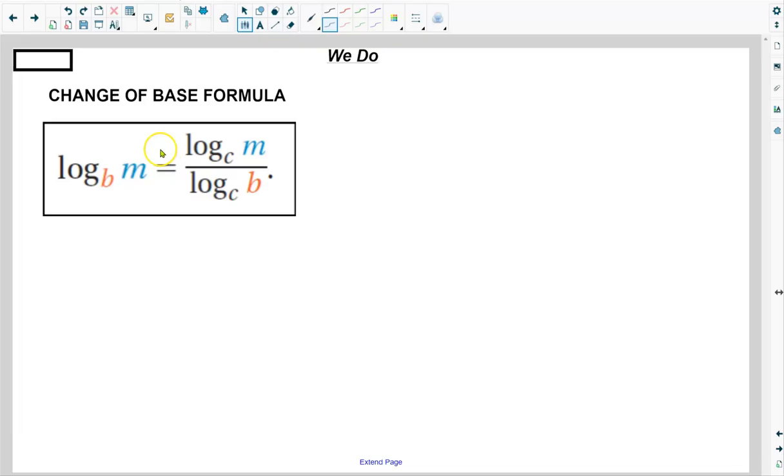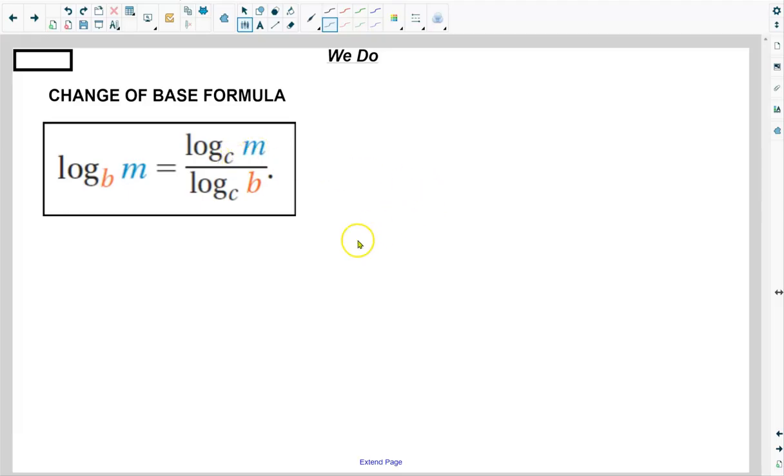So the easiest thing to do is, let's look at what it is. You've got log any base b of m equals what? Log base c. Now c, 99% of the time, is a base you like, or a base the calculator likes, like 10 or e. If you guys notice, the calculator will work with 10 or e.